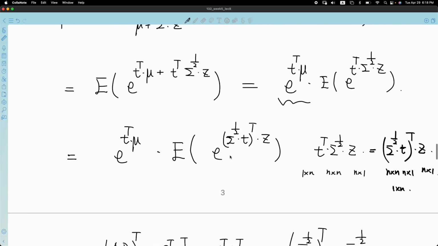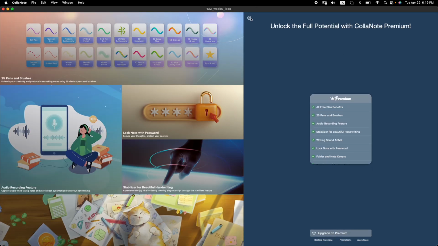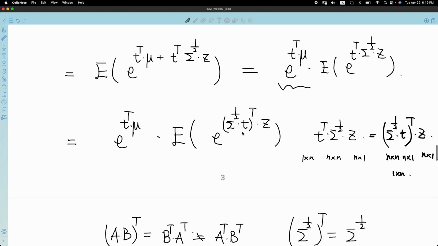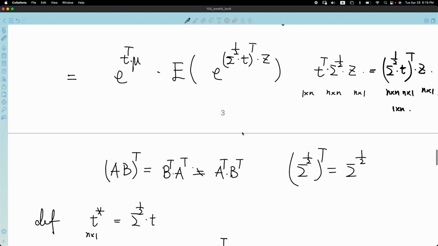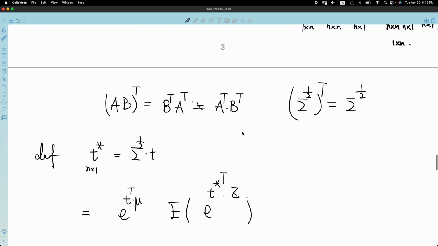So what I'm doing here is that I first separate the constant and bring it outside the expectation. Then I group sigma 1/2 and T together and call them my T star. That is what I've been doing here.